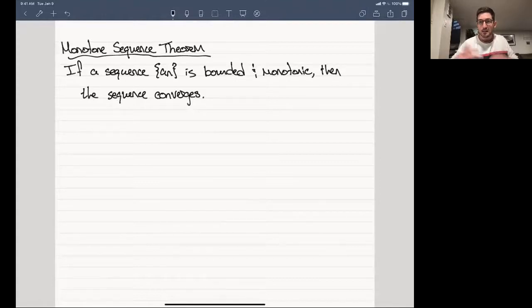And this tells us something that we probably already knew, but what we were able to do in this video is put definitions in place that are going to allow us to speak about sequences as we proceed through our discussion in the next videos. In particular, we got a new convergence criterion, the monotone sequence theorem, that tells you if you have a monotone and bounded sequence, it has to converge.